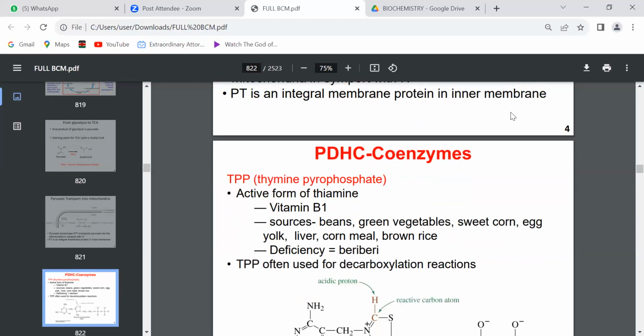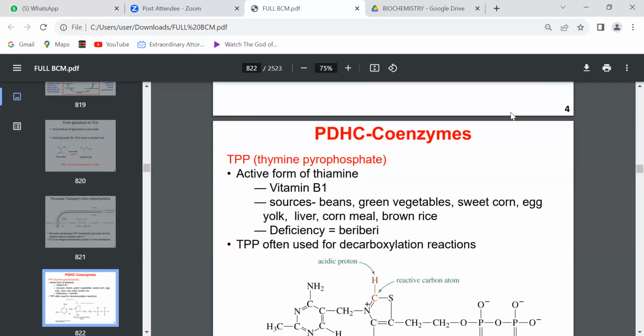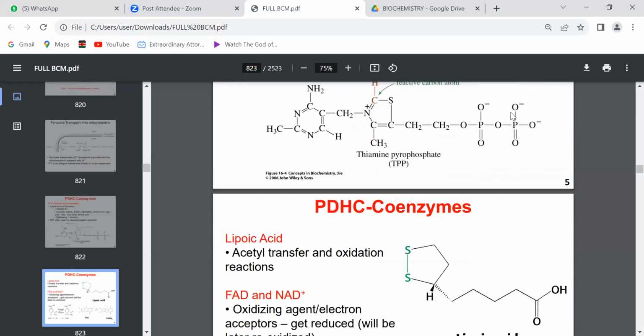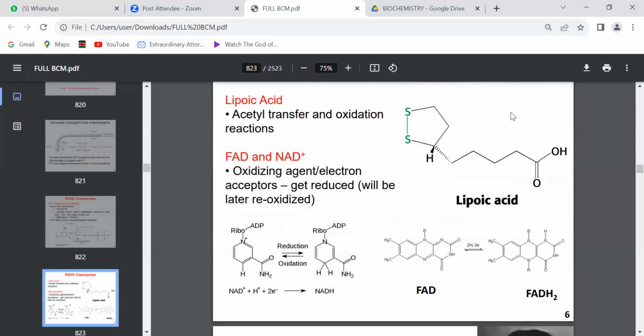So here, we'll need thiamine, vitamin B1. You can see where we can get it. And of course, if you have a lack of it, you and beriberi will end up being friends.